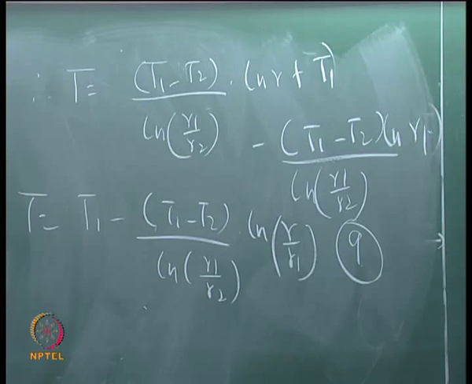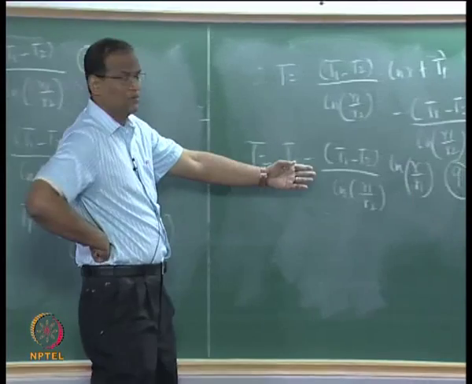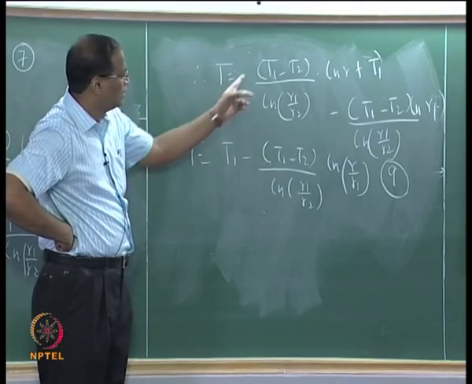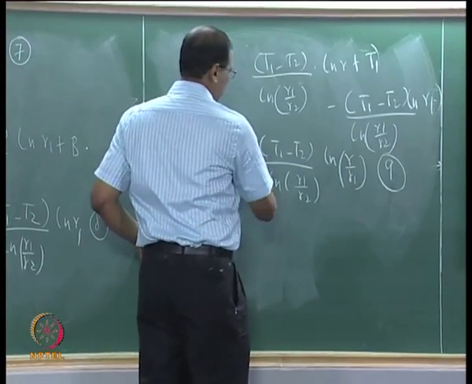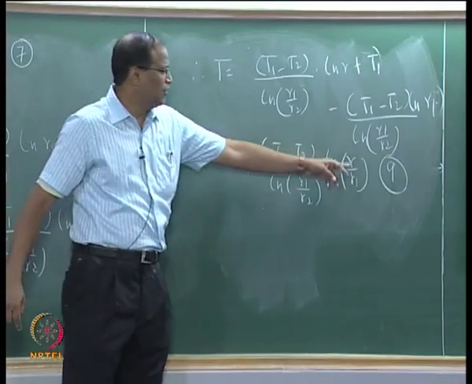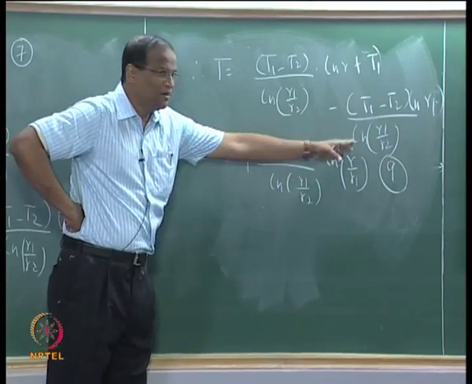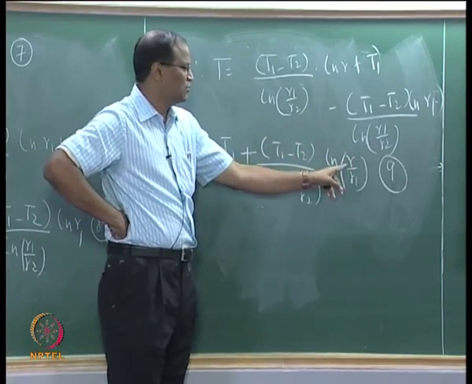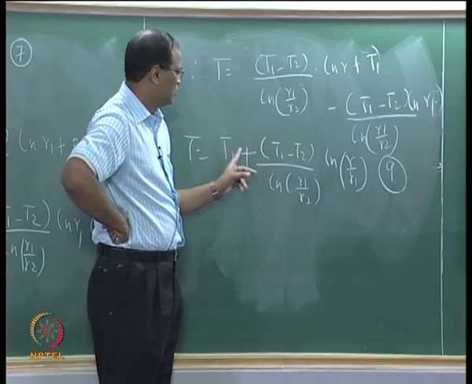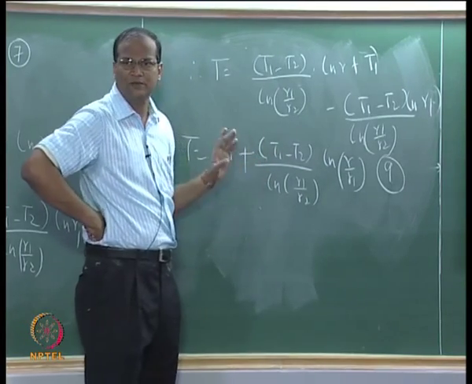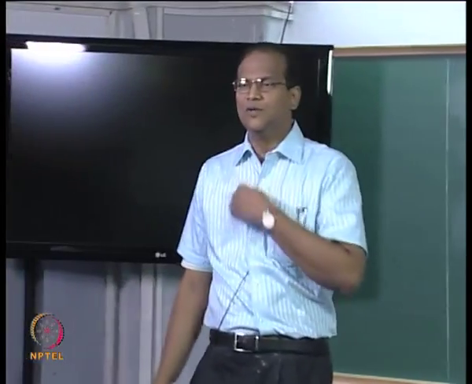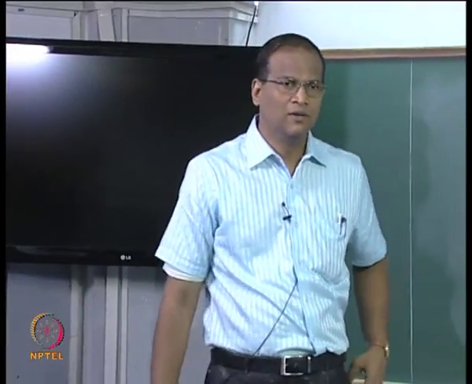At r equal to r1, what is ln of r by r1? At r equal to r1, this becomes ln of 1, it is 0, so T equal to T1. At r equal to r2, this will become ln of r2 by r1, and the term will be minus 1, so T1 minus T1 plus T2. So the equation is correct. So we check it for asymptotic correctness.